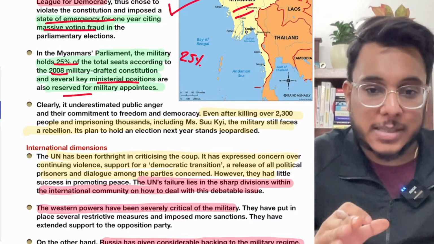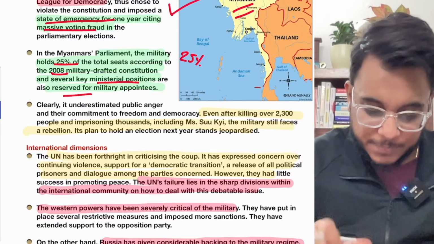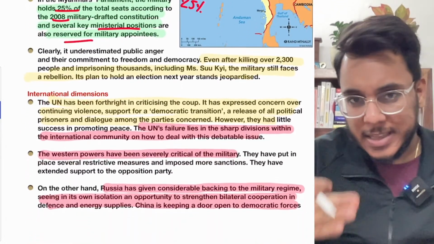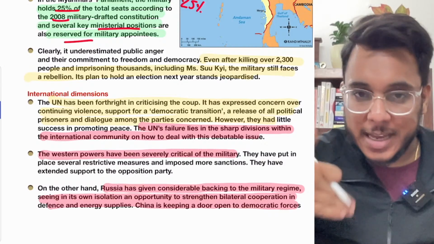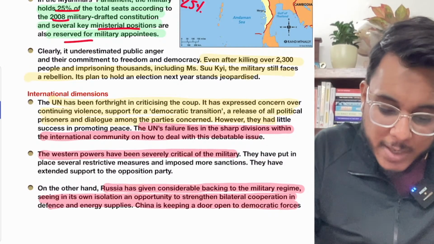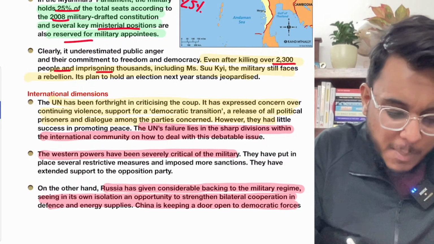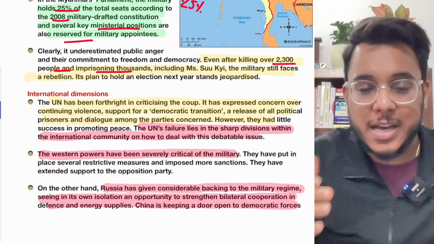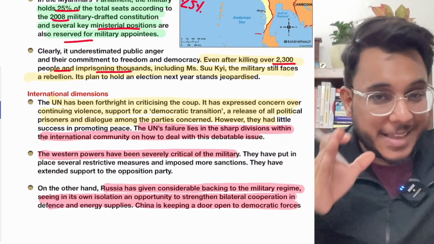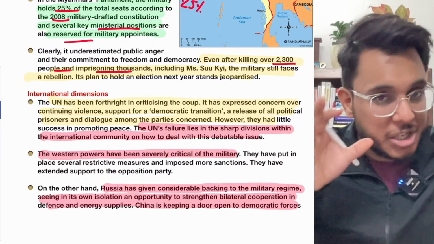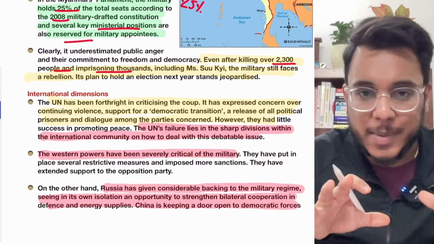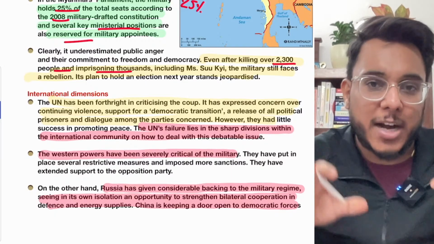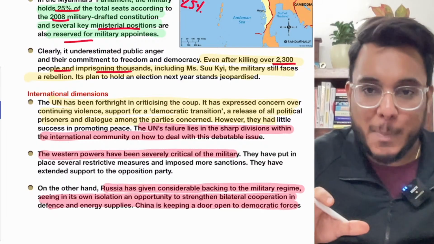So it already has a lot of powers there. Since they imposed the emergency and took over the power, 2,300 people have been killed and thousands have been imprisoned. Aung San Suu Kyi, the leader of the NLD party, is also in jail, and it is being said that a lot of human rights violations are going on in Myanmar.